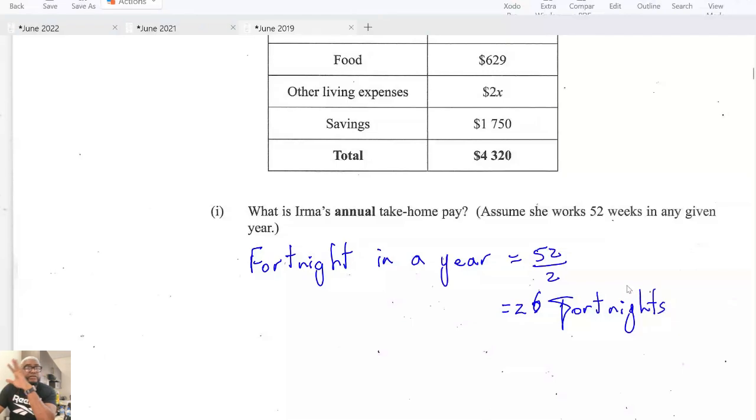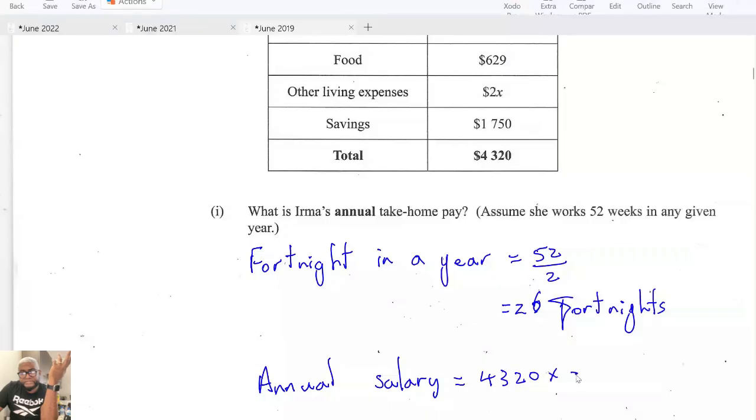All right? Now, how much is she making per fortnight? 2 weeks. So this is your annual take-home pay, annual salary. So 4,320 multiplied by 26 will give me how much? How much is that making for the year here?